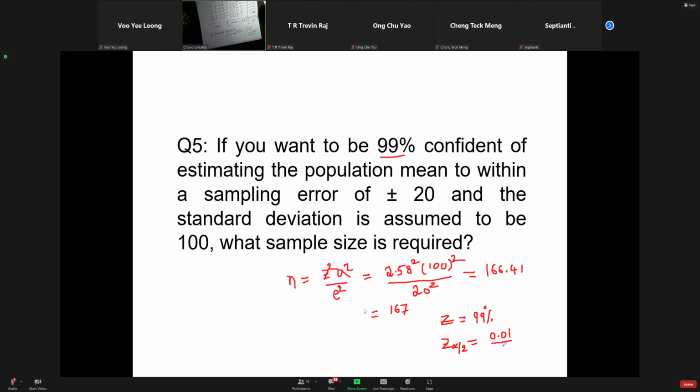So 0.01 over 2. I'm sorry, it is not 0.05, it will be 0.005. So 99% is given for us, it's a given confidence interval.